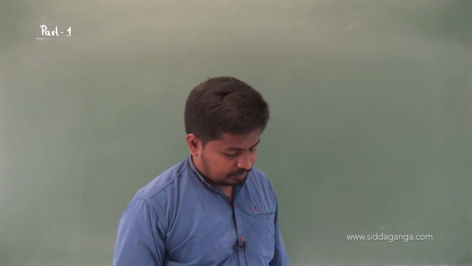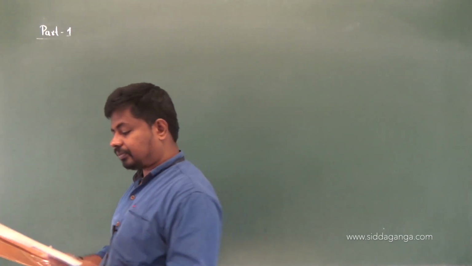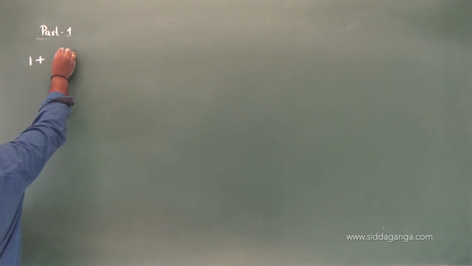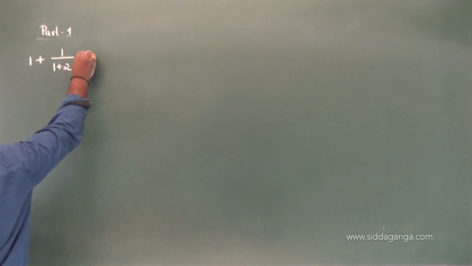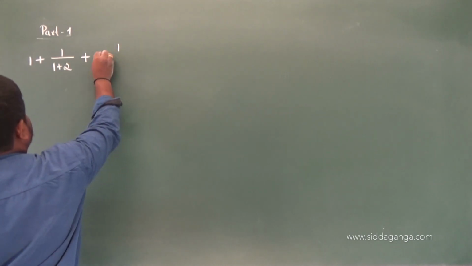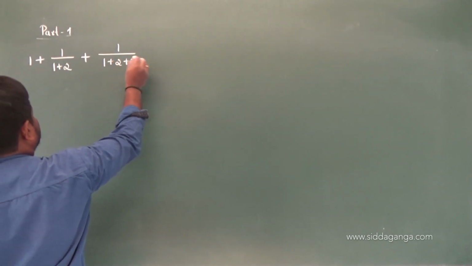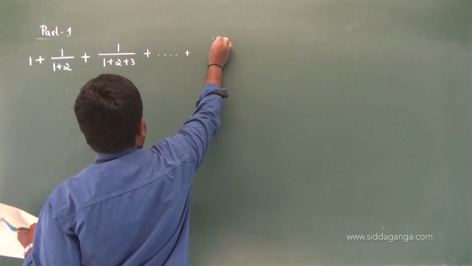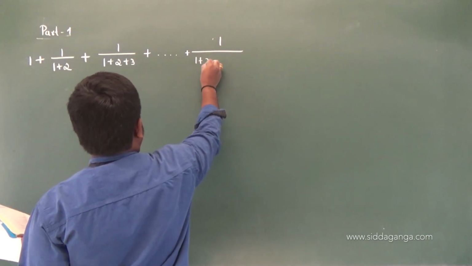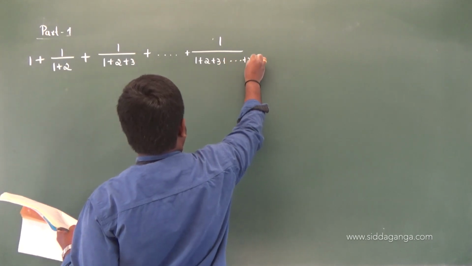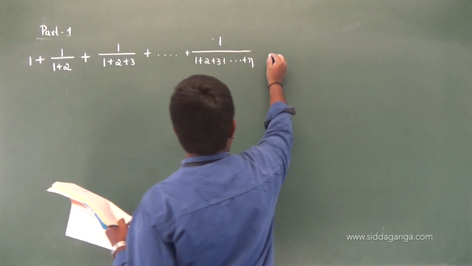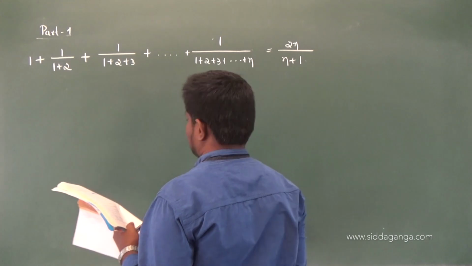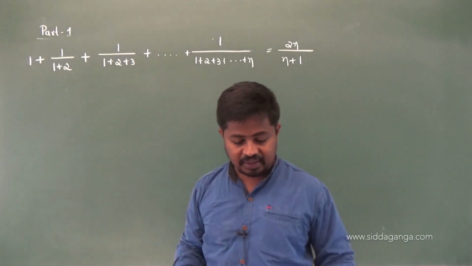Prove that 1 plus 1 by (1 plus 2) plus 1 by (1 plus 2 plus 3) plus 1 by (1 plus 2 plus 3 plus 4) and so on, up to 1 by (1 plus 2 plus 3 and so on n), is equal to 2n by n plus 1. Somewhat difficult.